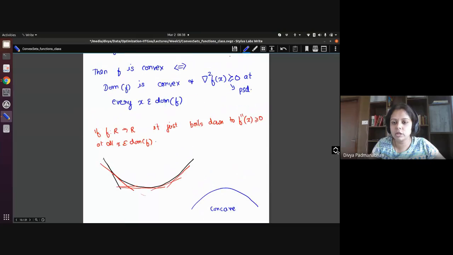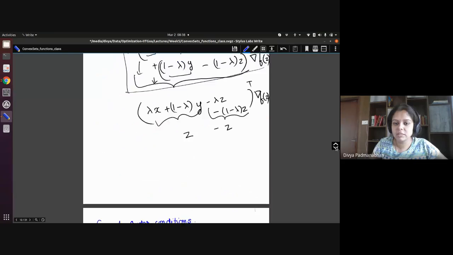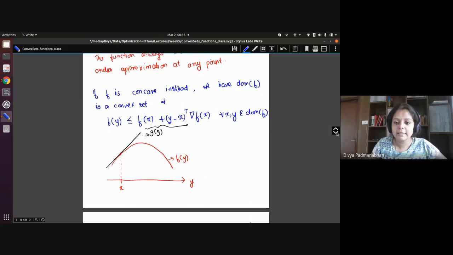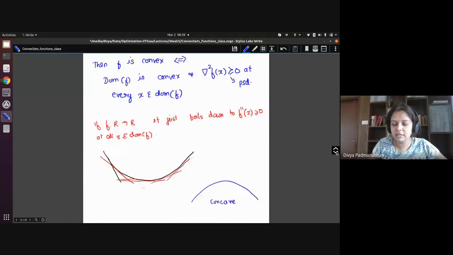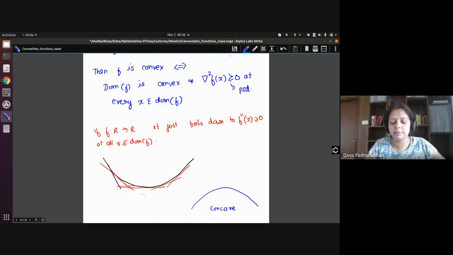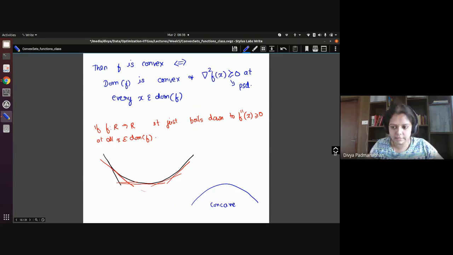For the first order condition, the first order approximation will lie above the curve. And similarly, for the second order condition, the Hessian is going to be negative semi-definite at every point. So these are symmetric conditions which you can derive for concavity as well.